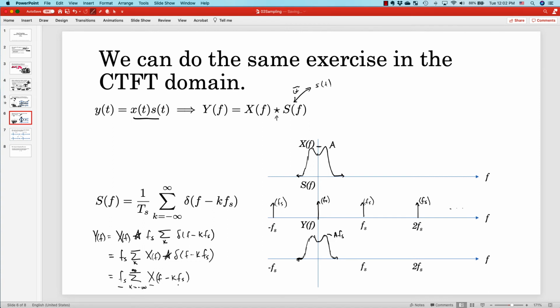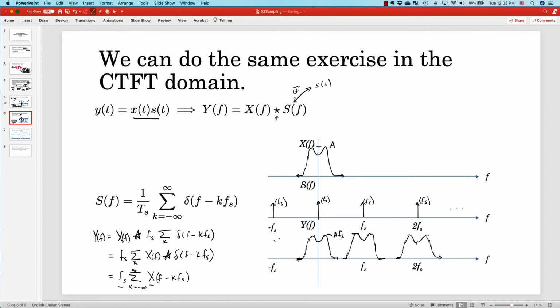And now I go over 1 fs, and I draw the same picture again. Same height, a times fs. And then I do it again. Same height, a times fs.